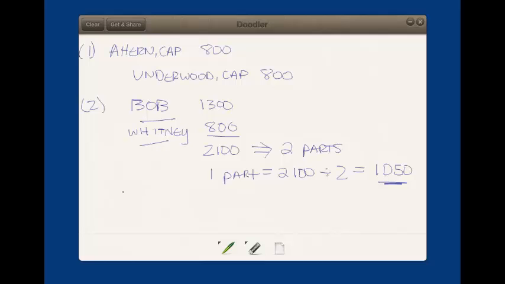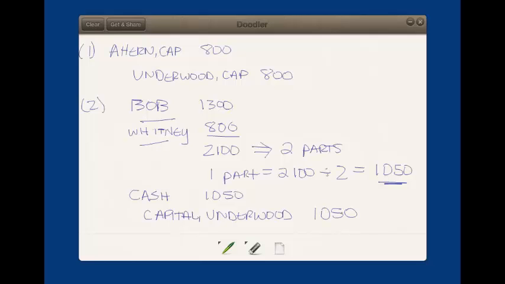And we journalize it like this with a debit to cash of 1,050 and a credit to capital Underwood 1,050. Okay, so now let's check just to make sure he has a 1/3 interest now that there's three partners instead of two.